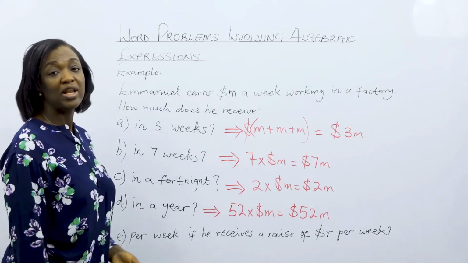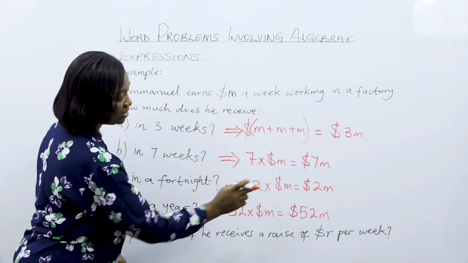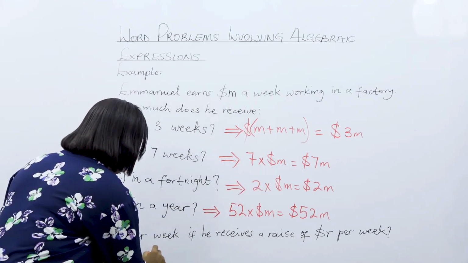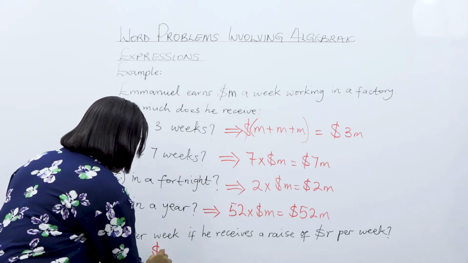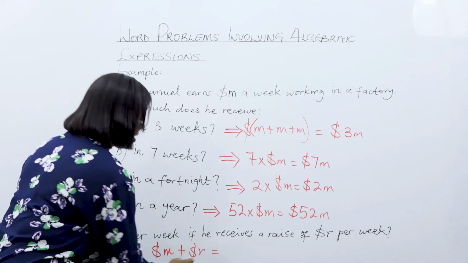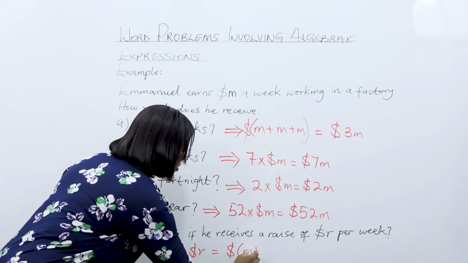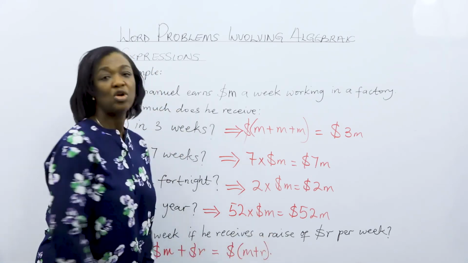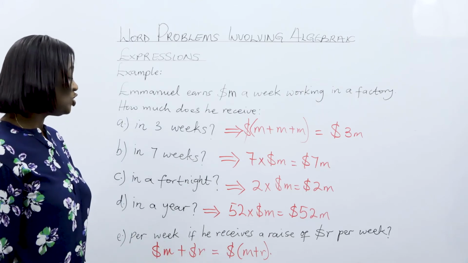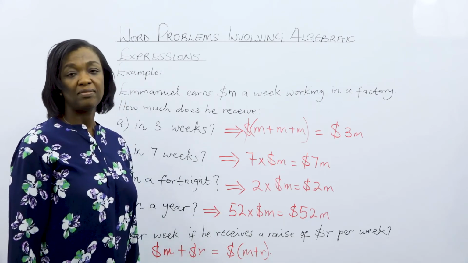So his new weekly pay will be $M plus $R a week, and we have M plus R dollars weekly. That will be his new weekly pay after the raise.